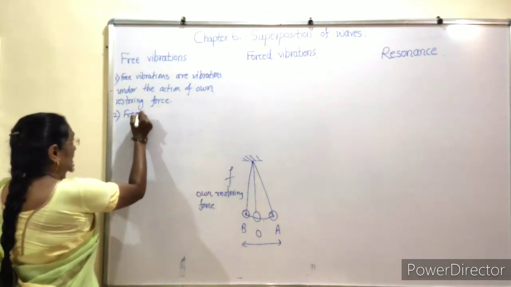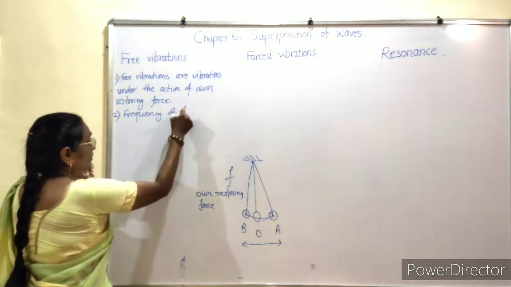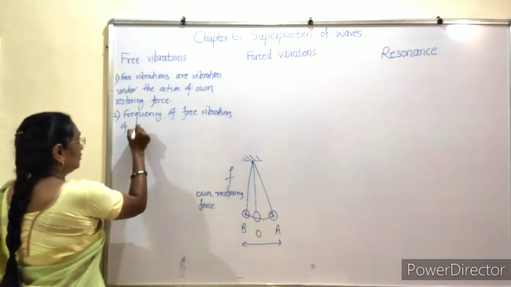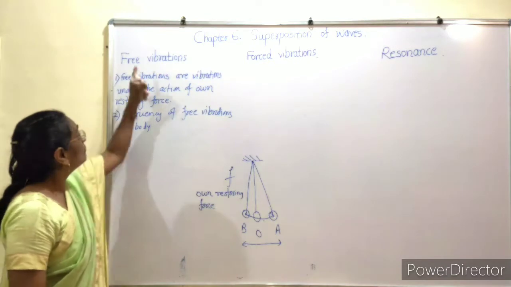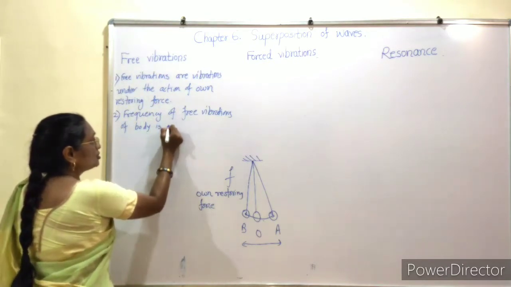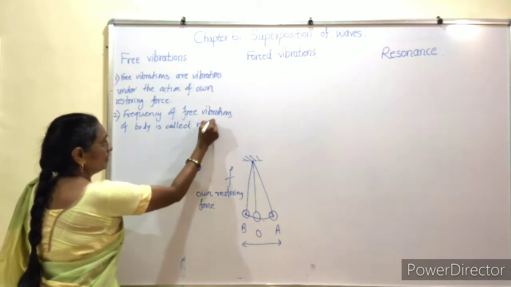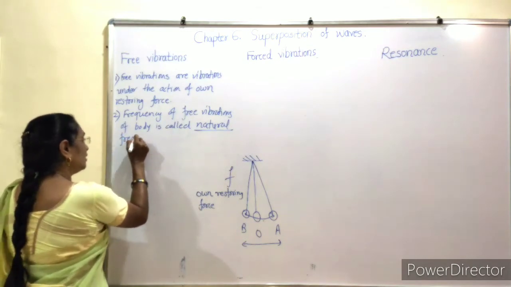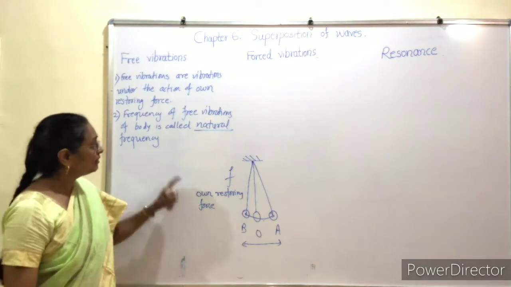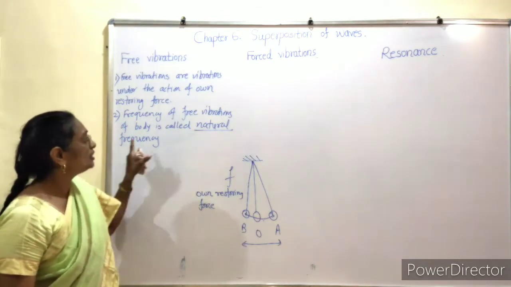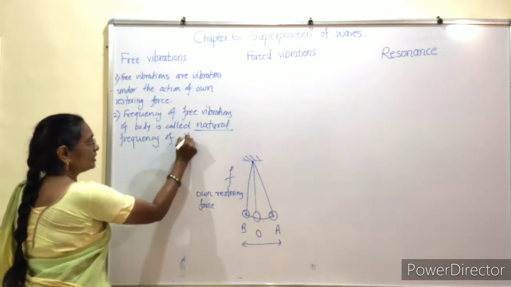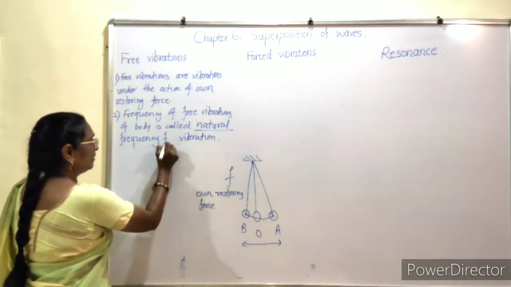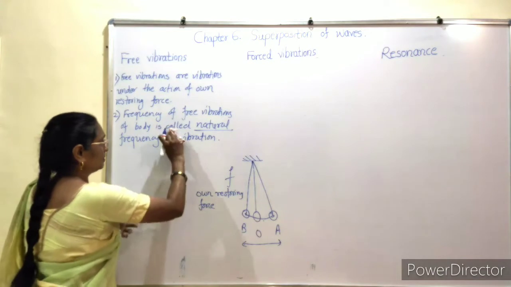The frequency of free vibrations of a body or pendulum or any object having free vibrations is called natural frequency of vibration. You have to remember this point. This is a new point here. Earlier we called it simply frequency; now we call it natural frequency of vibration. Let us denote this frequency by Fn.